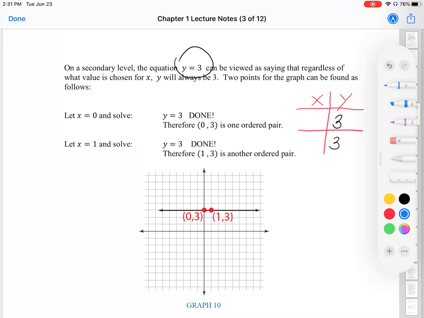My x's may change, so let's pick any number we'd like for our x's. Let x be 0 and let x be 1. So what coordinate points does that give us? This gives us the points (0, 3) and (1, 3). And we plot them, and they'll result in our line. Very cool.